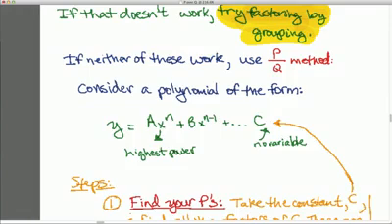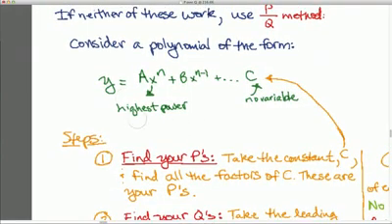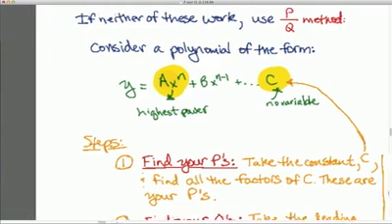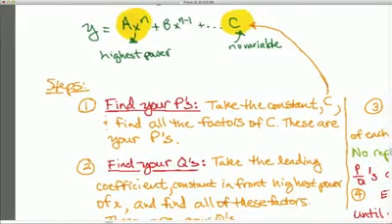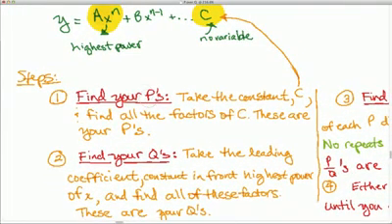What is that? Well, let's take a look at this polynomial here. This is the highest term, the degree term with its leading coefficient of A, and this is the constant term. Based off of that, these are the steps. First, you're going to find your P's. The P's are going to be the factors of your constant C, and basically you're going to list them all out.